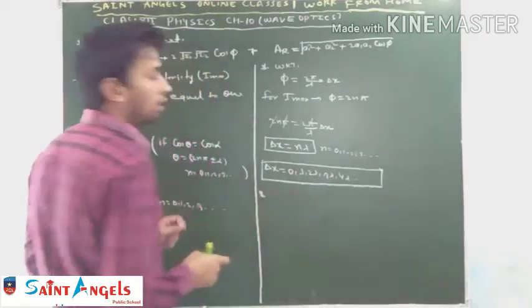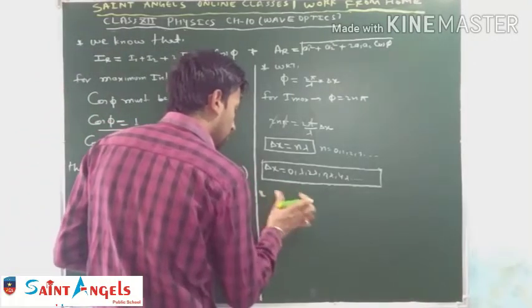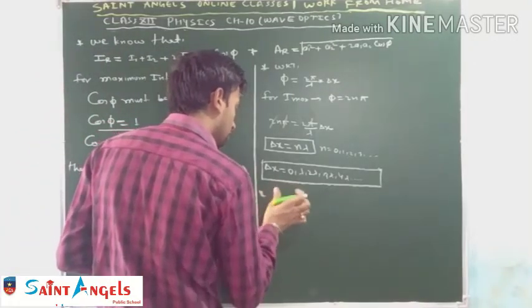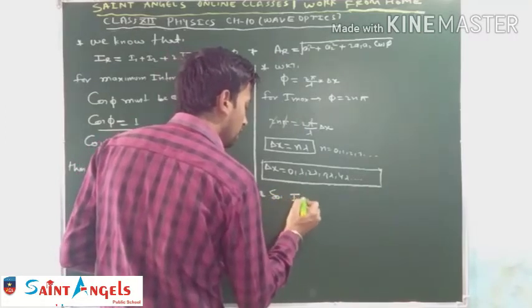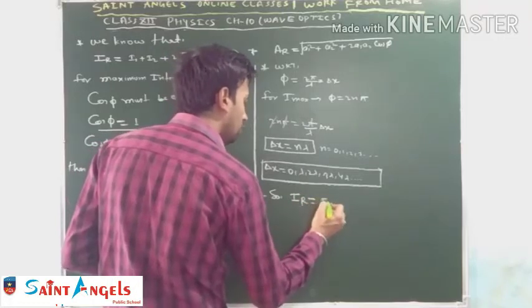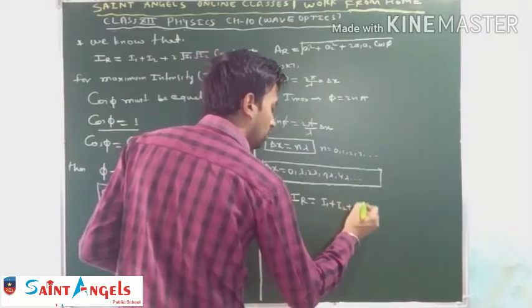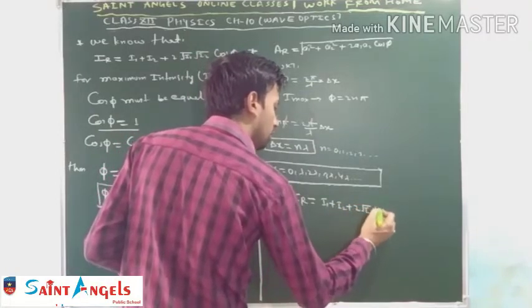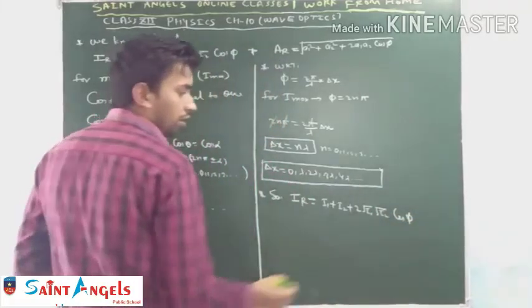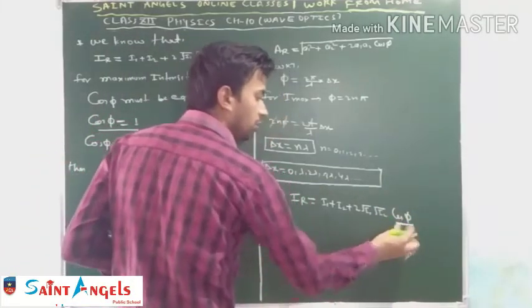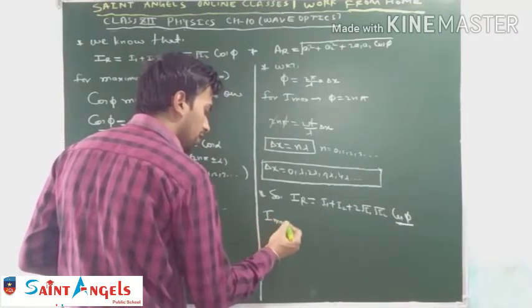Now we have to find the value of maximum intensity. So resulting intensity IR equal to I1 plus I2 plus 2 root I1 root I2 cos phi. Here for maximum intensity cos phi is equal to 1.